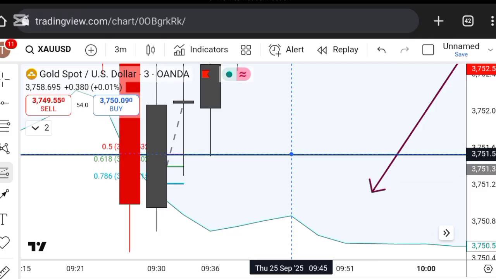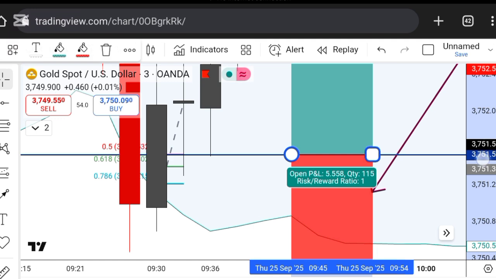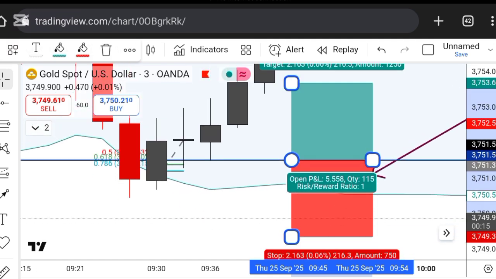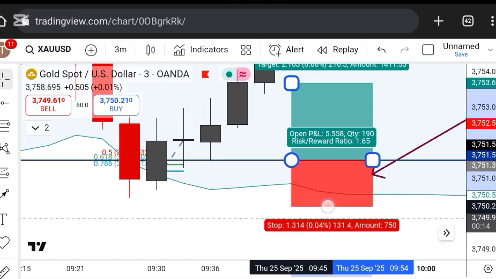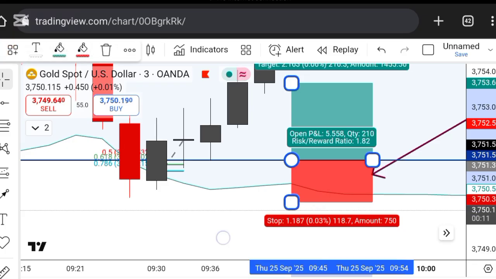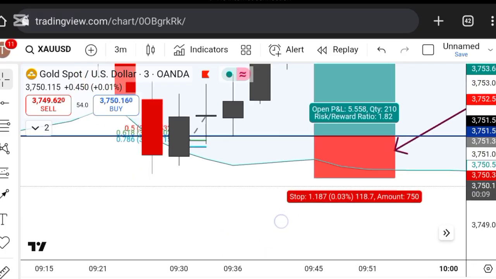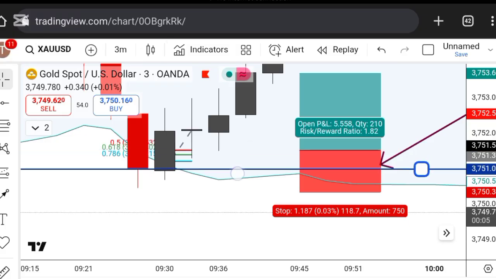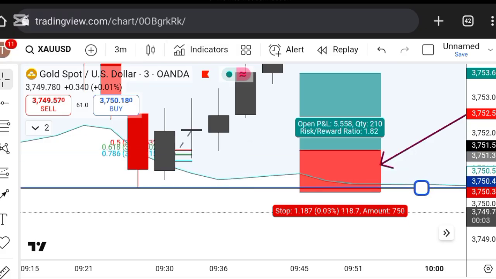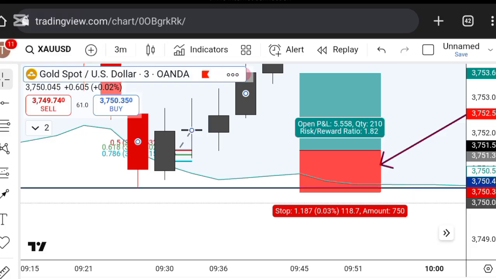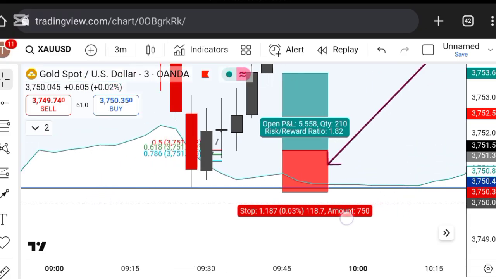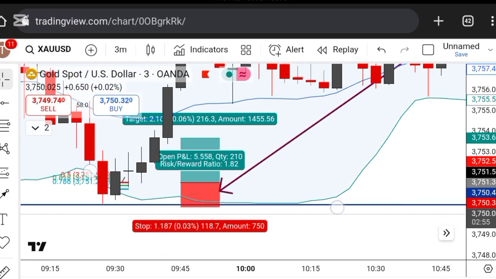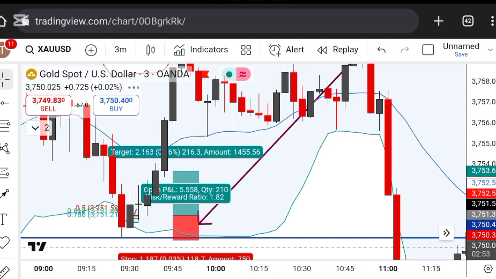Once I click on it, my stop loss will come to this zone. The low of that candle will be my stop loss, and my target is going to be 1:4 or 1:5.